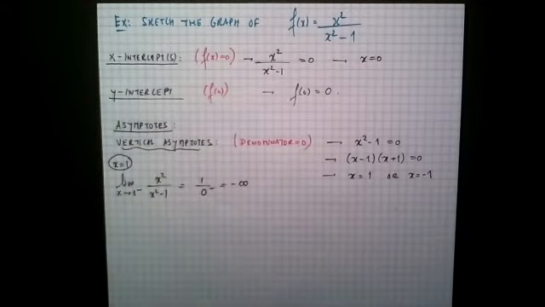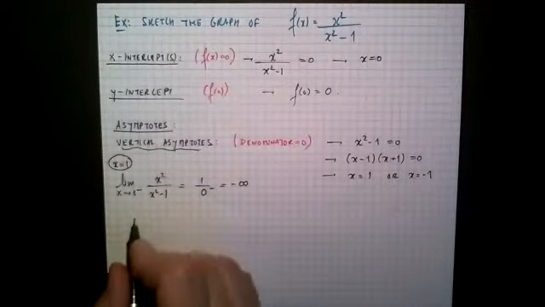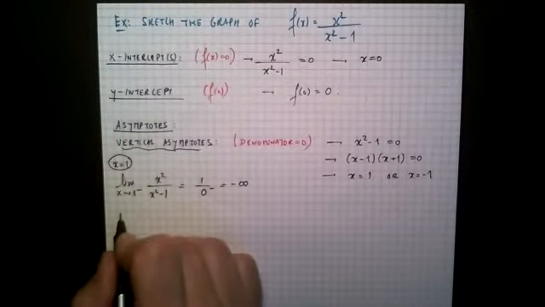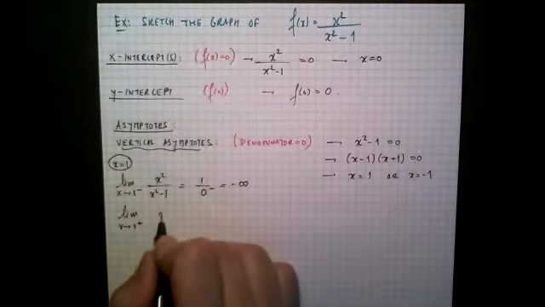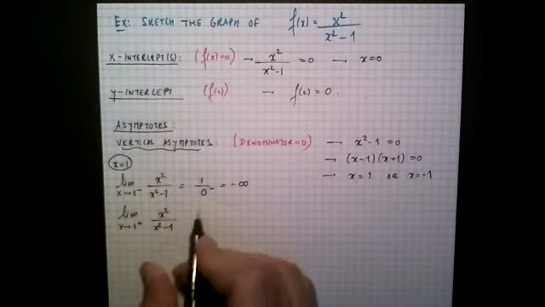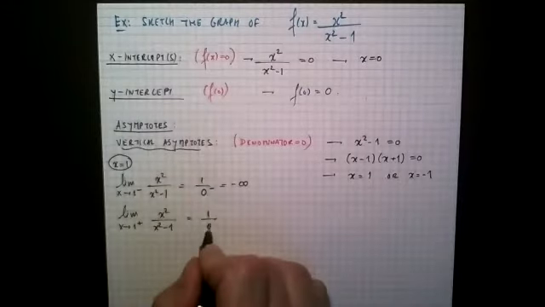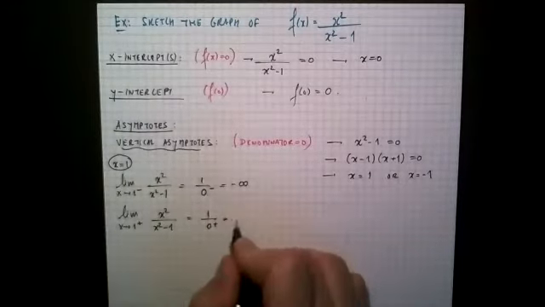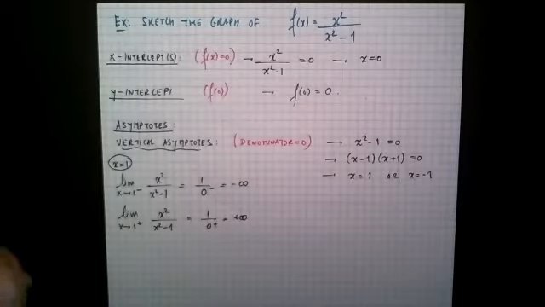You get this? Okay, and then from the right side, limit as x approaches 1 from the right of x² over x² minus 1. I get 1 over a little bit more than 0, and so this is positive infinity. Questions?